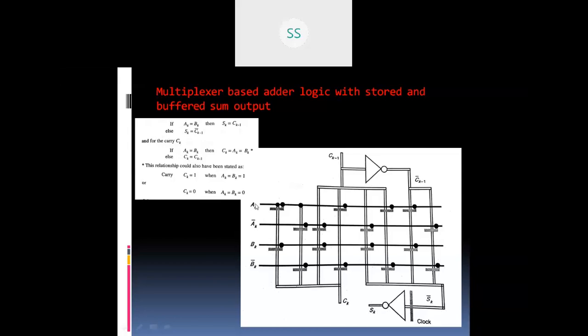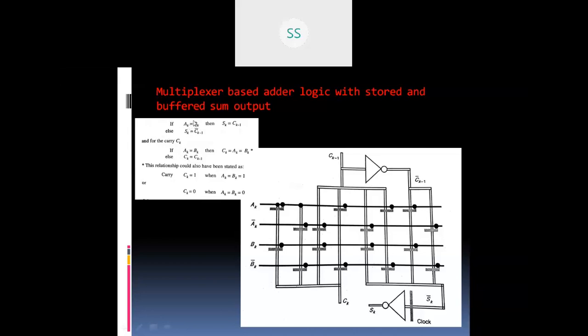Now similarly, if we have other combinations like 0 1, AK bit is 0 and BK bit is 1. Okay, this condition.